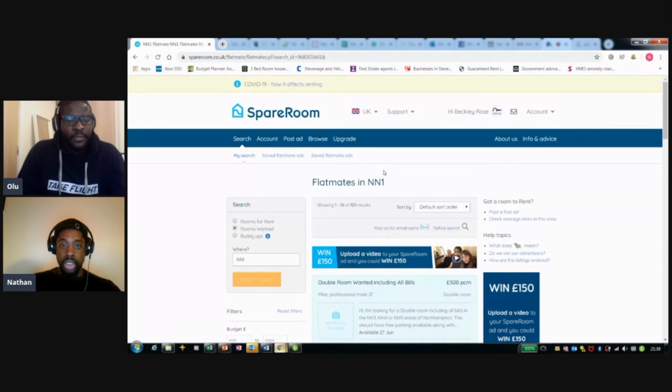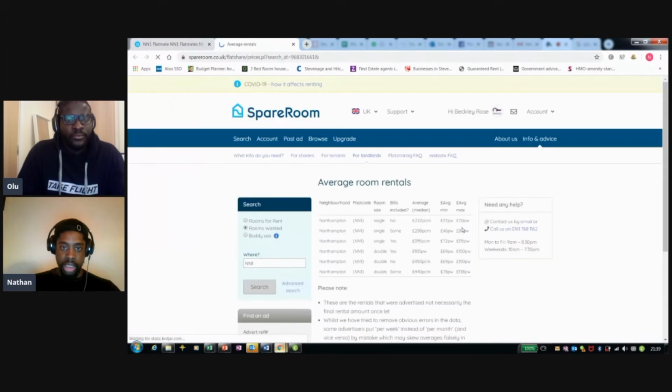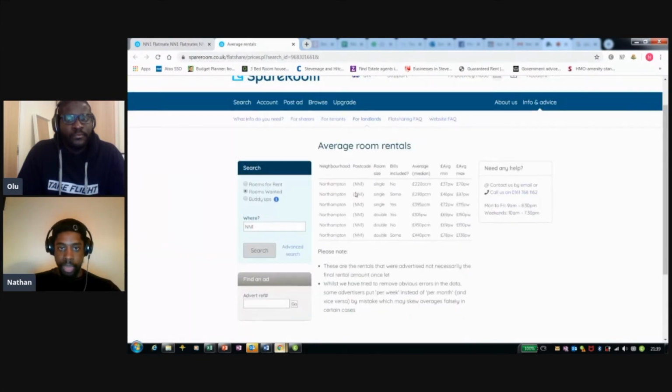Yeah, you could. So on this right-hand side here, I'm still in the rooms wanted section, but what you can see is check the average rents in the area. If I was to click on that, what you'll be able to see is that usually with rent to rent and HMOs, normally bills would be included in terms of what you're offering. So I would be looking at this column with the bills included to see what other landlords are offering in your area.